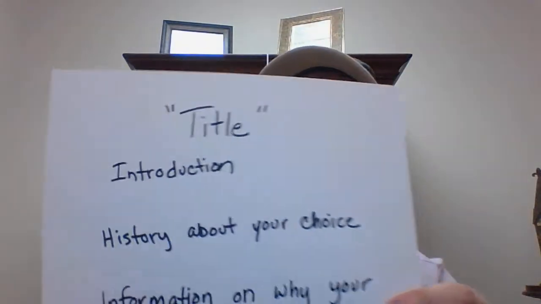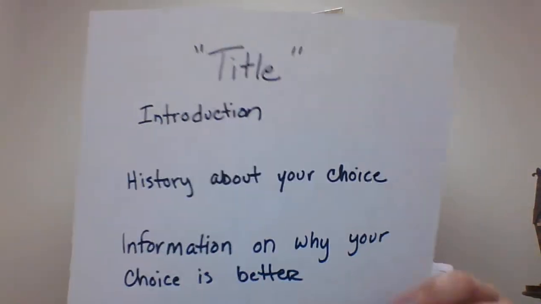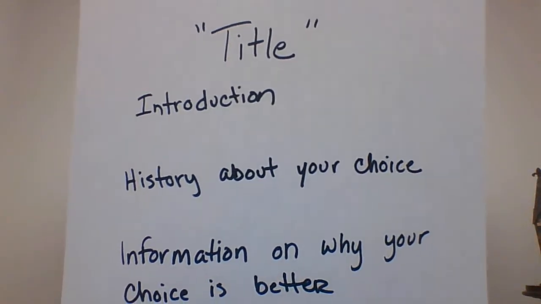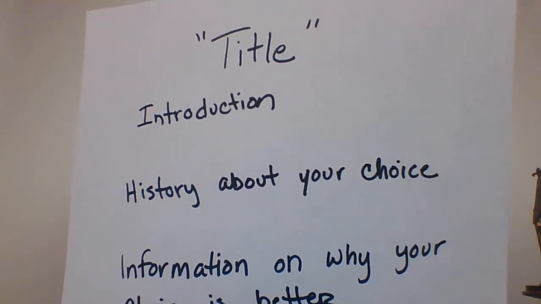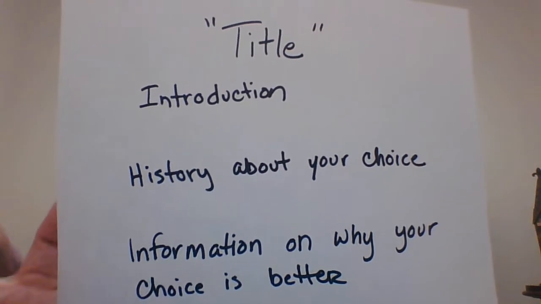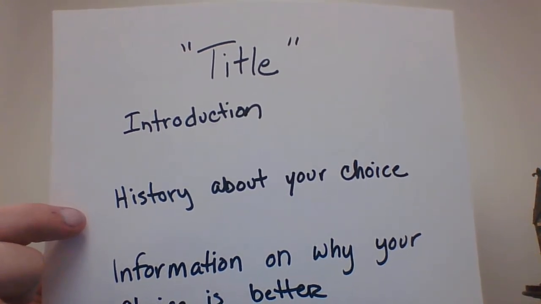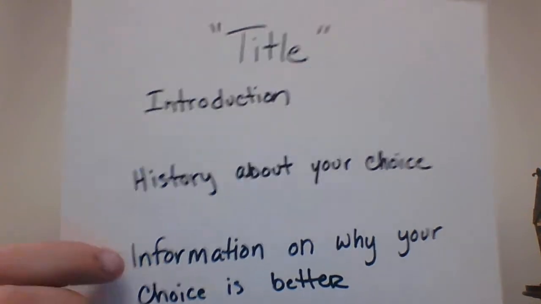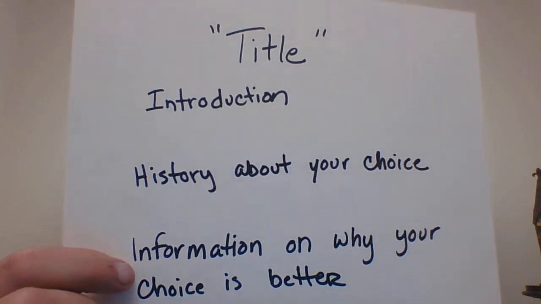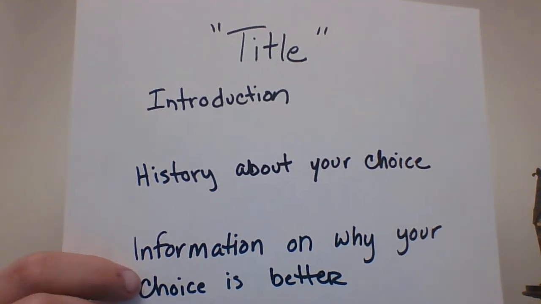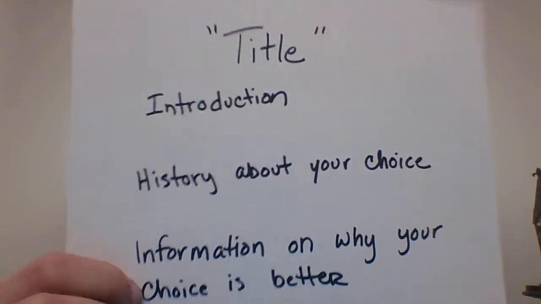Okay? Now, here comes the part where you're really going to have to research, okay? Information on why your choice is better. After you finish your history about your choice, you'll start a new paragraph, and your new paragraph is information on why your choice is better.